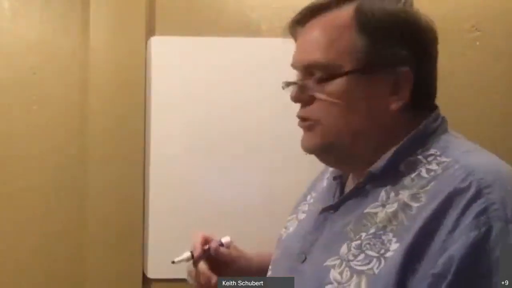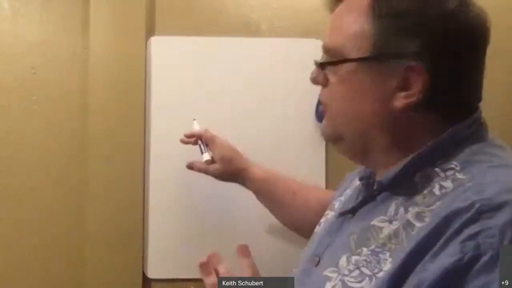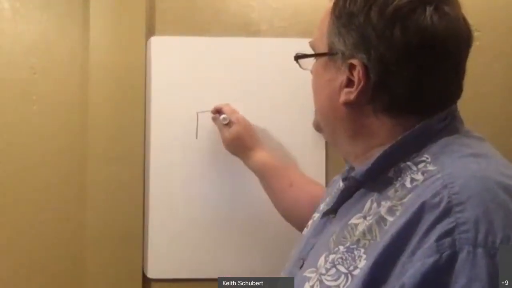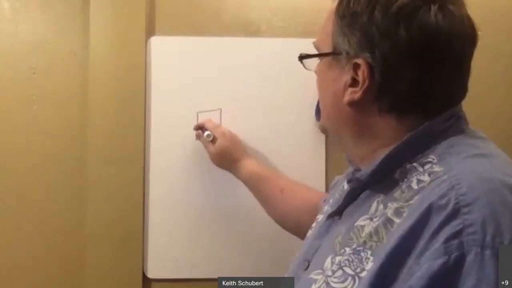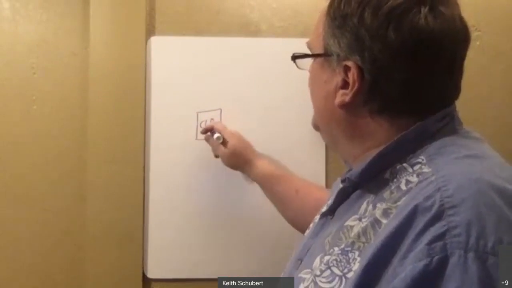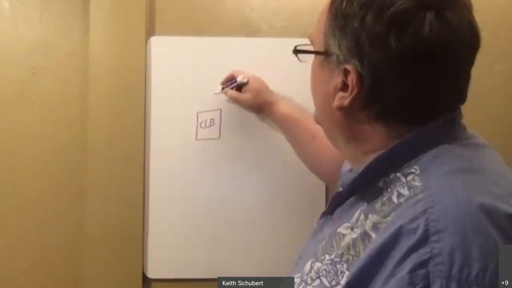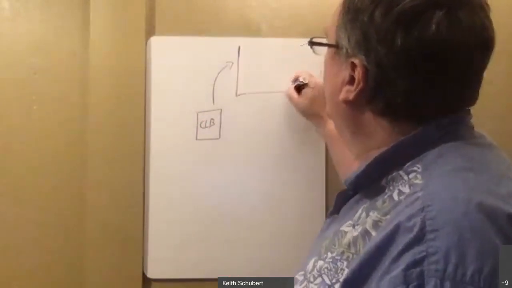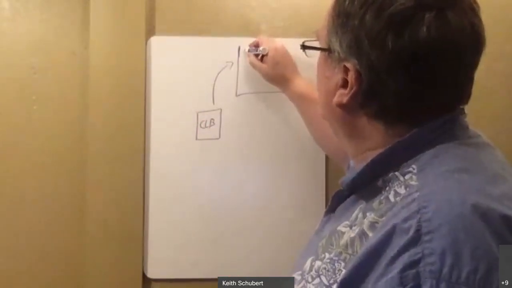Anyway, when you consider the FPGAs that you're working on, FPGAs, particularly Xilinx style, use these combinational logic blocks, or CLBs. Each of these logic blocks has basically a lookup table.